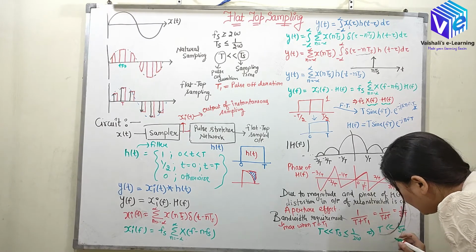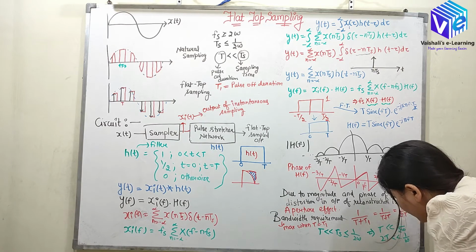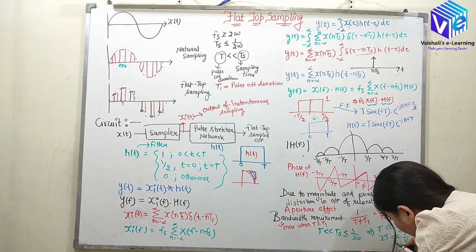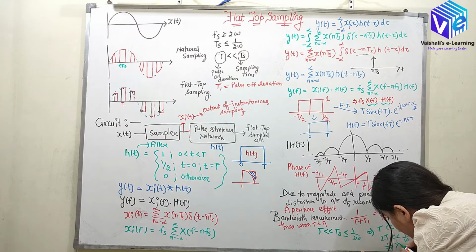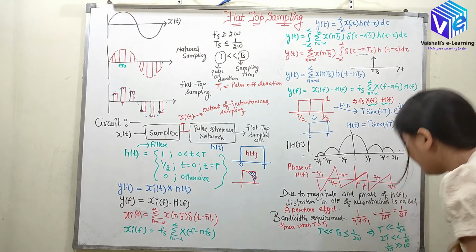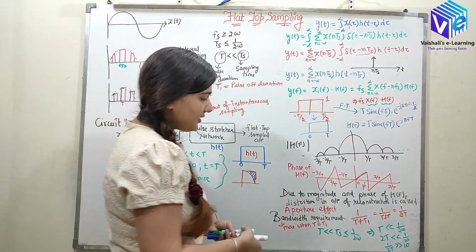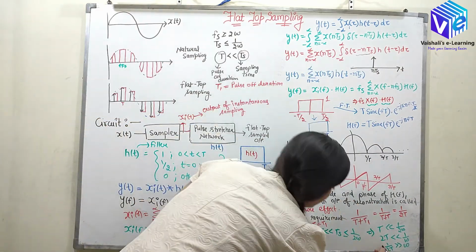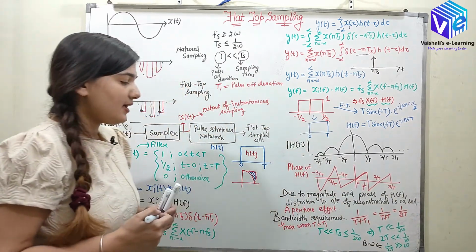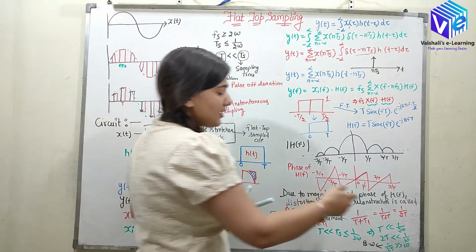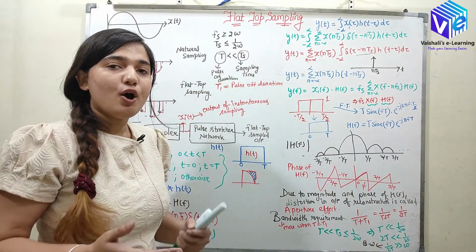Now I can take 2 this side, so 2T is very much less than 1 upon omega. Now if I take the reciprocal, 1 upon 2T is very much greater than omega. What was omega? Omega was highest frequency of the message signal. 1 upon 2T was the required bandwidth. So I can say the required bandwidth is very high, greater than the highest frequency of the message signal.